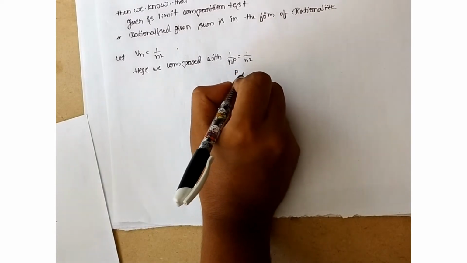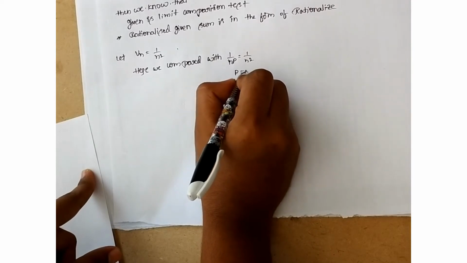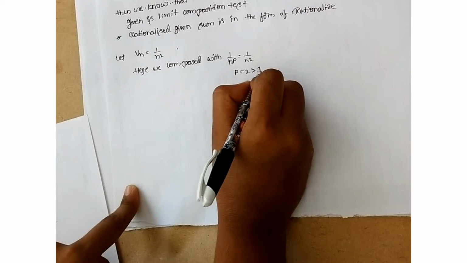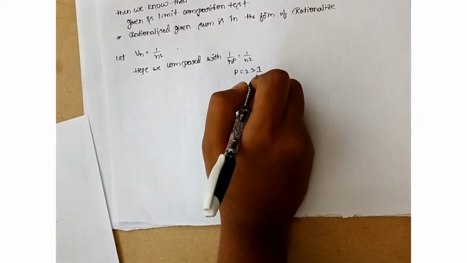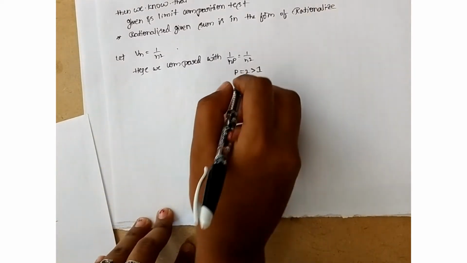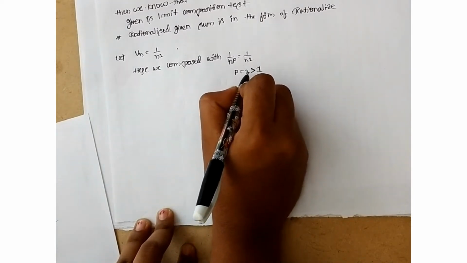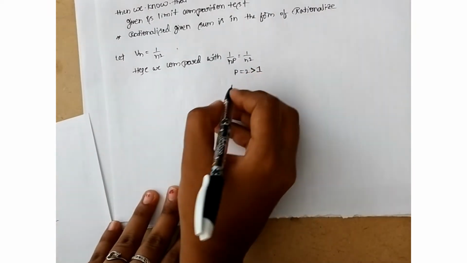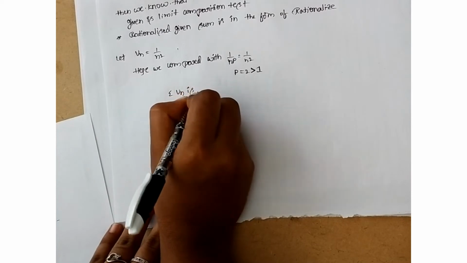P equals 2 we get. 2 is greater than 1. Here 2 is greater than 1. It means the given summation Vn is convergent.